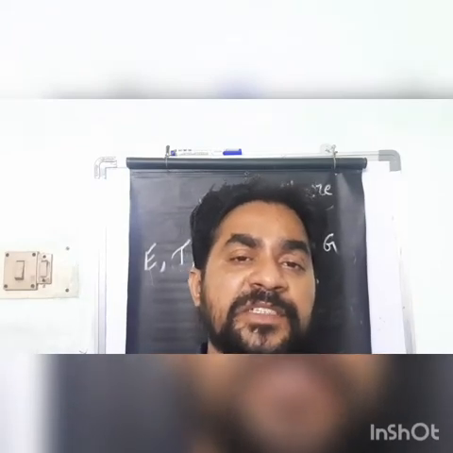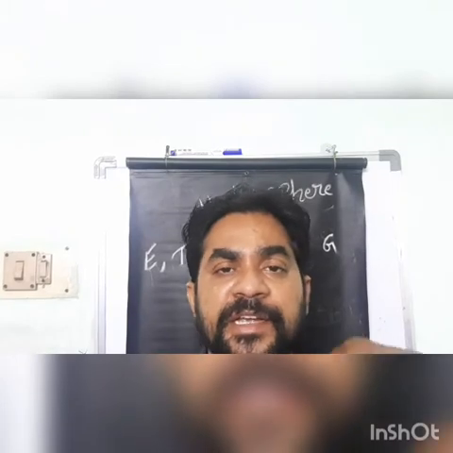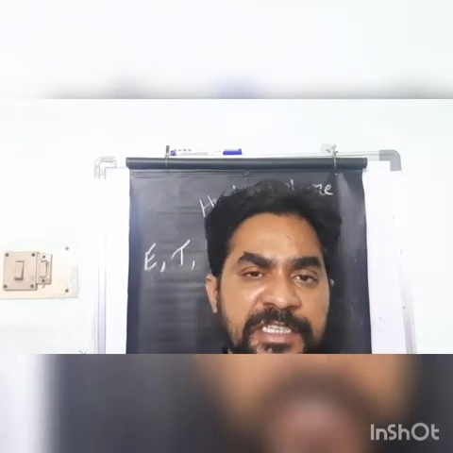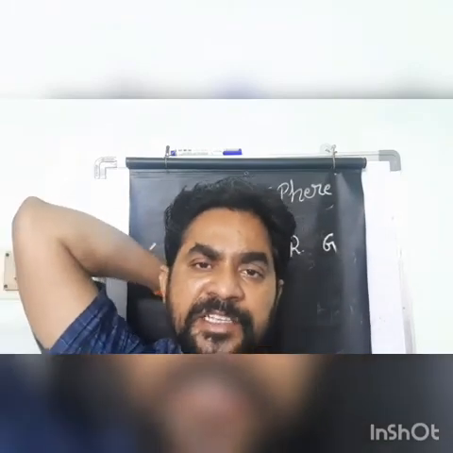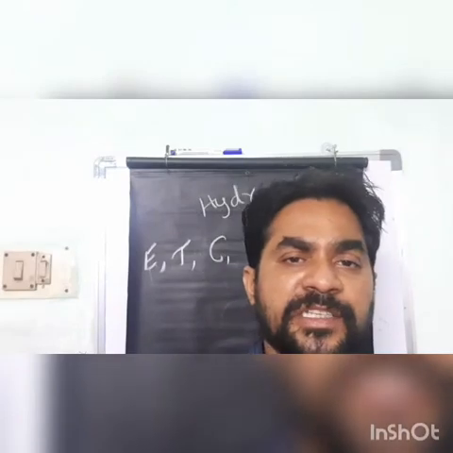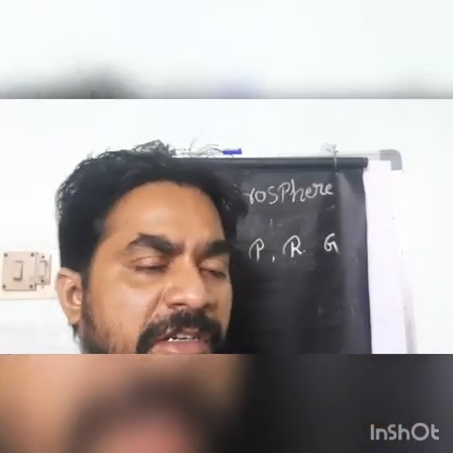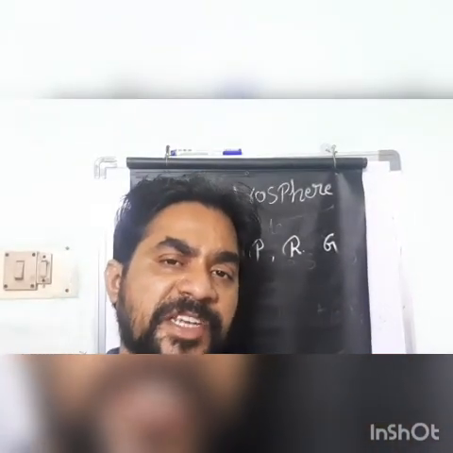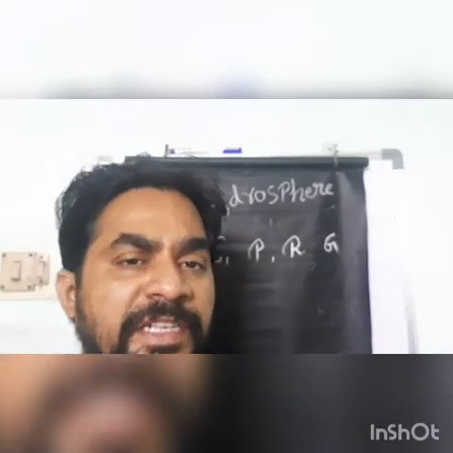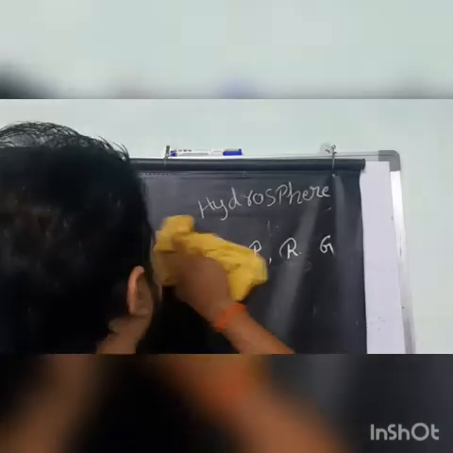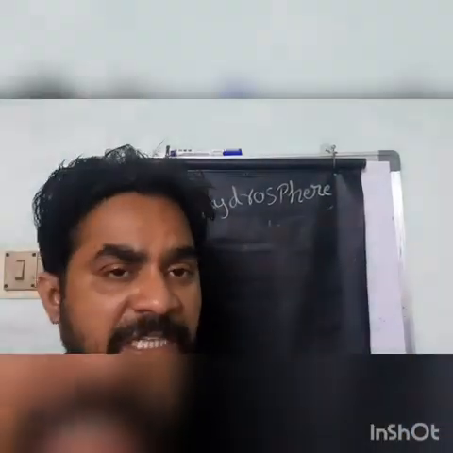This water cycle can be divided into 6 stages. The first stage is called evaporation. Second is transportation. Third is condensation. The fourth is precipitation, and the fifth is runoff. The last one is groundwater. So these are the 6 stages of the hydrological cycle.